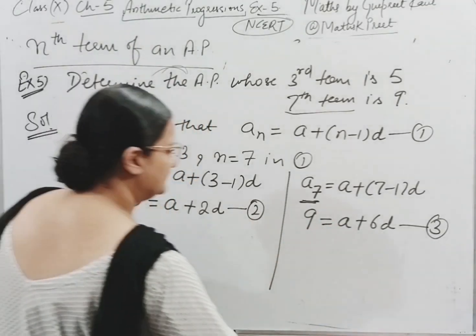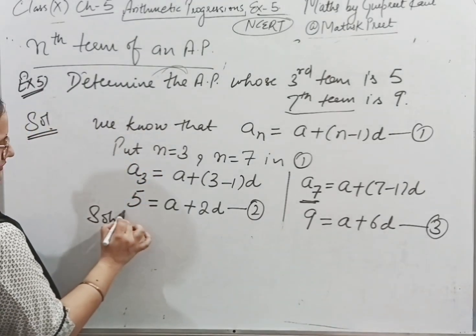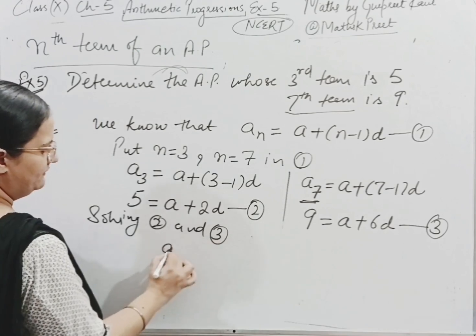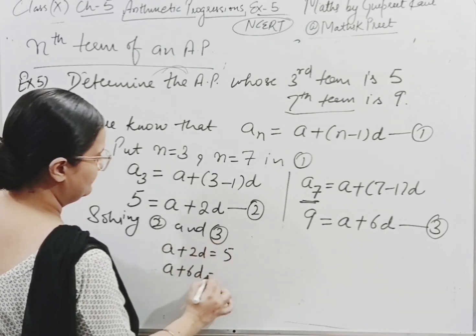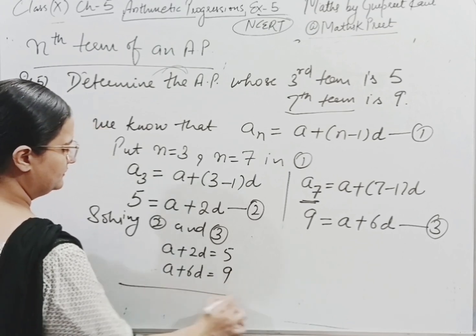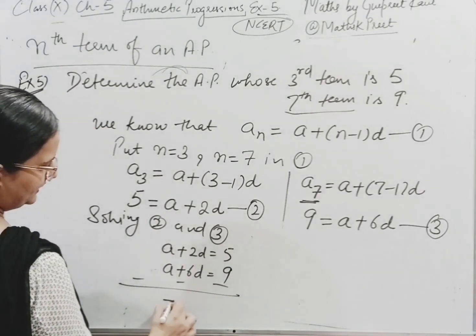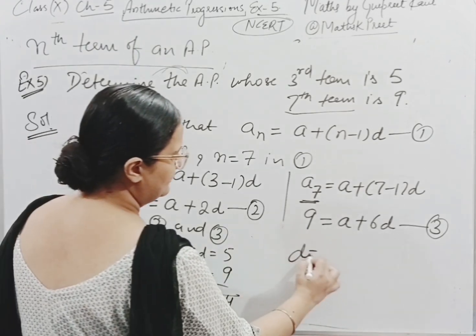I'll write here, solving number 2 and number 3. A plus 2D is equal to 5. A plus 6D is equal to 9. We'll just subtract the equations. I'll get minus 4D is equal to minus 4. So D I am getting is 4 by 4, that is 1.